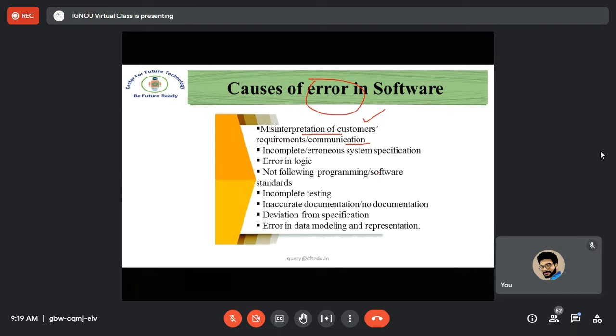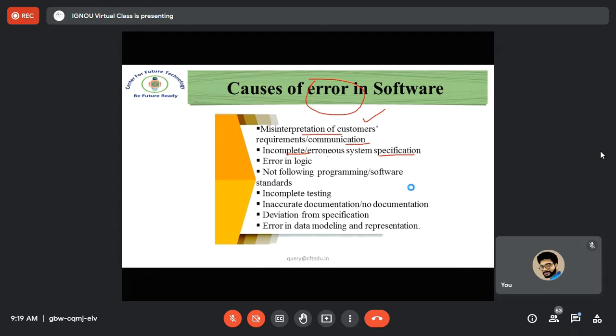Incomplete or erroneous system specification leads to errors: whatever you have shared with me, if it is not in a complete format or in a complete way, then because complete information was not provided at the design part, how can it be transformed into the code part? So an incomplete system specification leads to incomplete functionality.